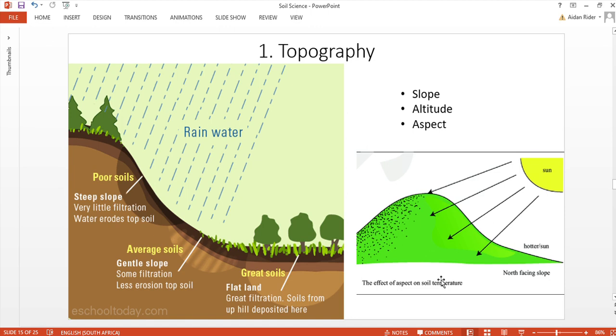So less weathering by water takes place here. So more evaporation of water on this side, and it's much hotter. More water will be able to accumulate on the other side, so it's better for crops to grow on this side where the sun is not always shining. But it is important to have sunlight because, remember, without sunlight we don't have photosynthesis. So the aspect does change what can grow where and what the soil structure looks like.